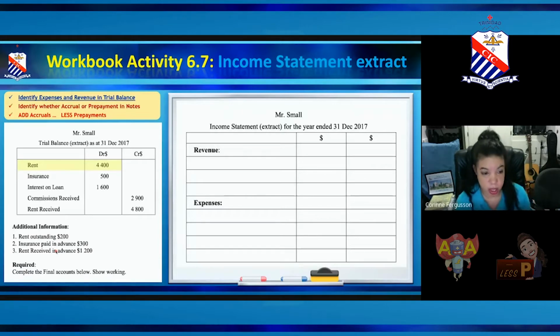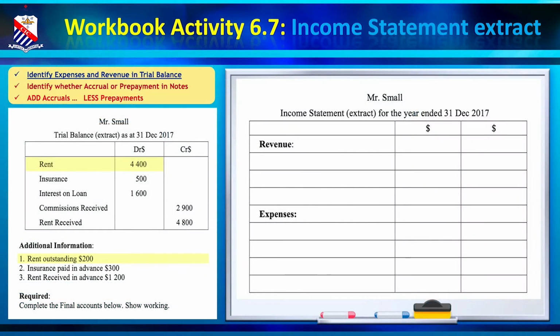You don't have to go in order. So I go with rent. Rent is an expense. I would look down in my notes here. Do we have any adjustments for rent? And you would see that yes, we do. For note number 1, we have that rent outstanding 200.